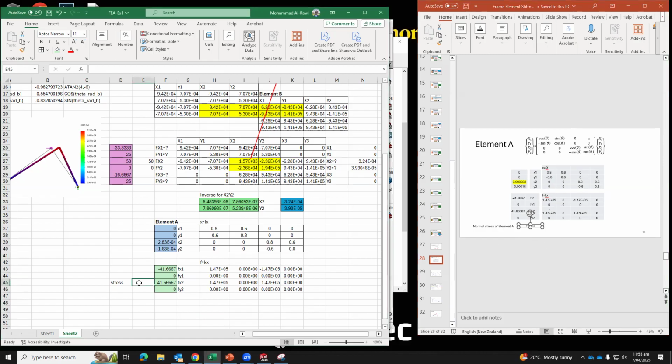So that is the force we divided. Do we have the area? Yes. So if I do that, stress equals force divided by area, hopefully it's saved, we'll get 848. That is the stress value we determine.